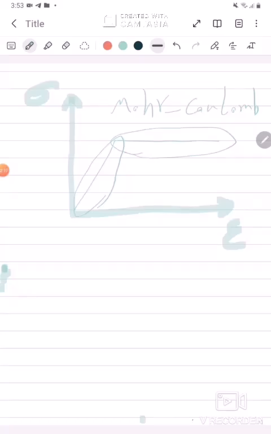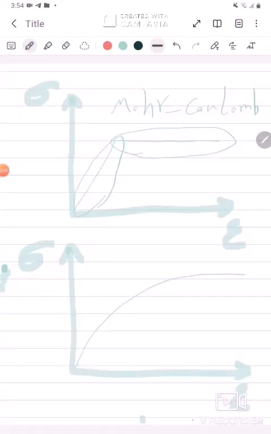But in hardening soil, the relationship between stress and strain is nonlinear from the first. Drawing that, we can see that the relationship between stress and strain is like this one.